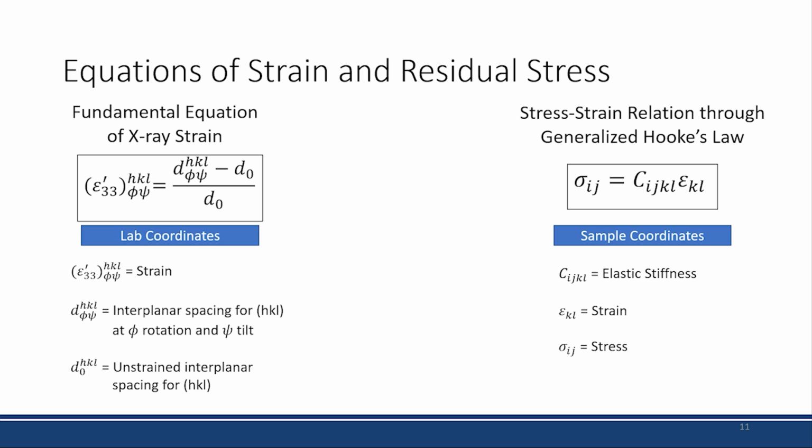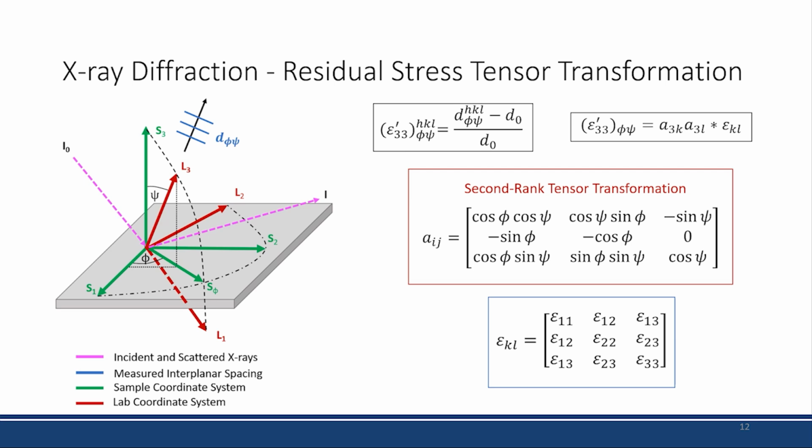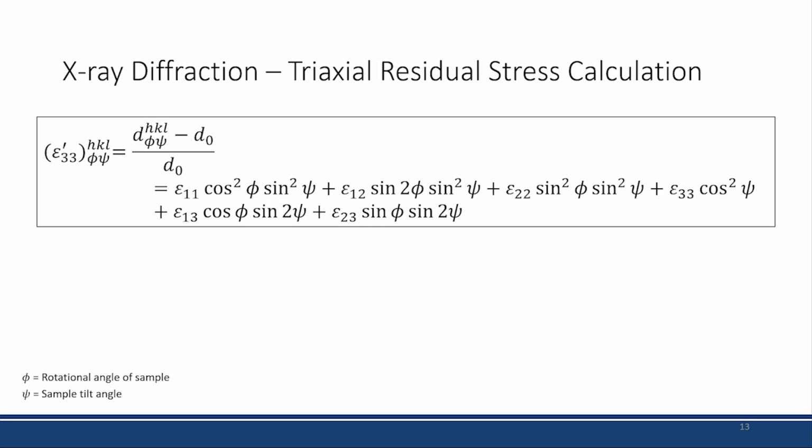So these need to be aligned together using a tensor transformation. And this is a lot of figures and math, and I'll be happy to explain this more to people afterwards. But just for the purposes of this discussion, this is the way that these rotational angles and tilt angles correspond then to the strain and the stress.